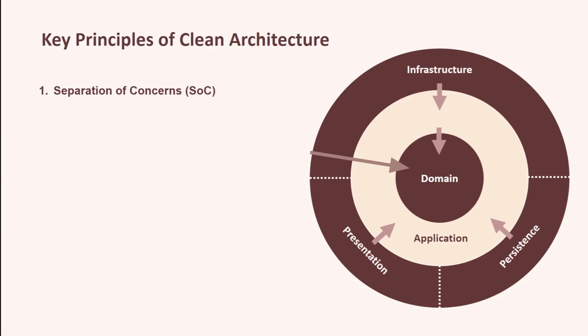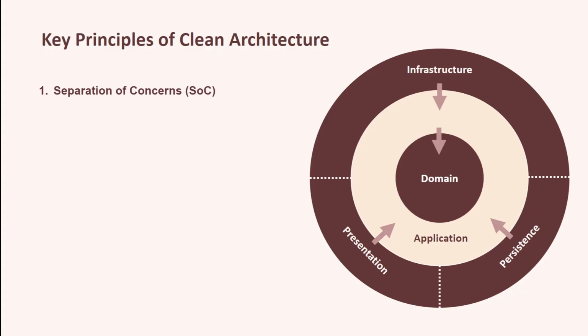For example, the domain layer can define all the business logic, the application layer can have all the use cases and application logic, and the infrastructure layer can have UI or databases. This ensures that the core business logic remains independent of technical details and external frameworks, leading to more maintainable, testable, and flexible software. By separating these concerns, developers can focus on one aspect at a time and manage changes more effectively.